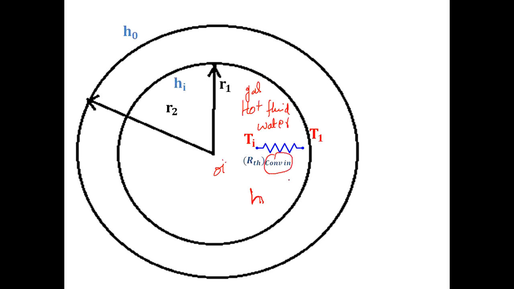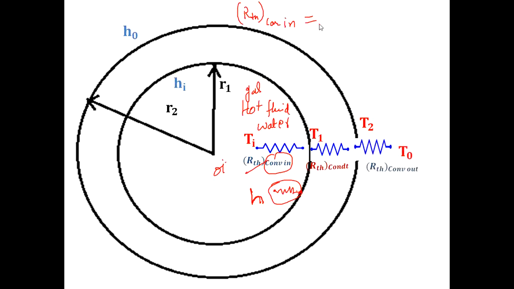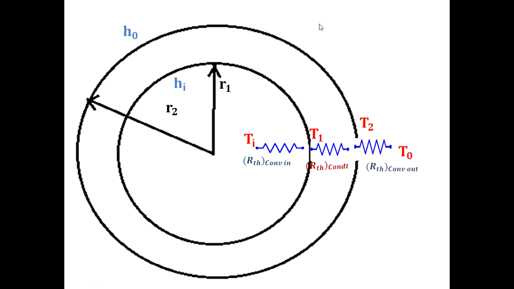Convection happens between the fluid and the solid material, and that time there will be the convective heat transfer resistance, designated as the thermal resistance due to convection at the inside.